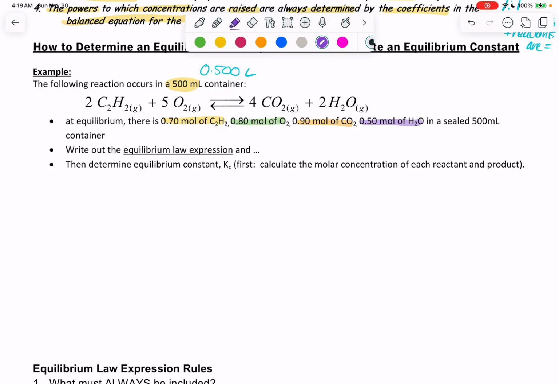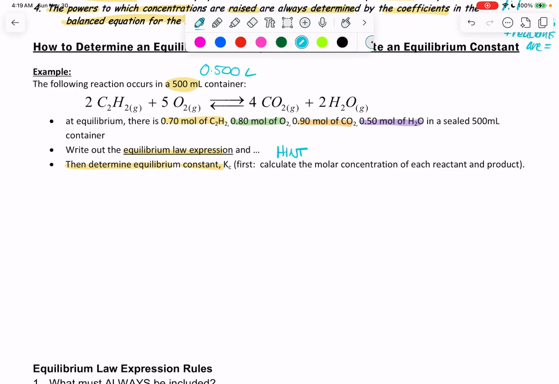And then it asks us to write out this equilibrium law expression and then determine the equilibrium constant for this equation. Here's your big hint. First, calculate the molar concentration of each reactant and each product.